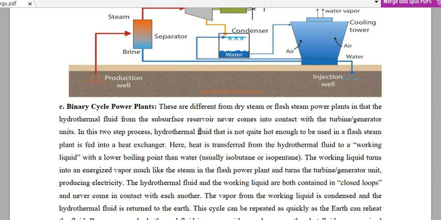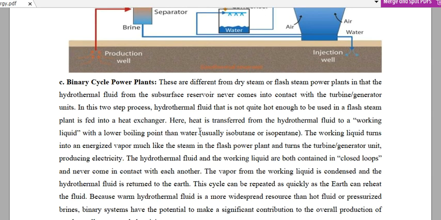Here, heat is transferred from the hydrothermal fluid to a working liquid with a lower boiling point than water. Usually, isobutane or isopentane is used. The working liquid turns into an energized vapor, much like the steam in the flash power plant, and turns the turbine or generator unit, producing electricity.